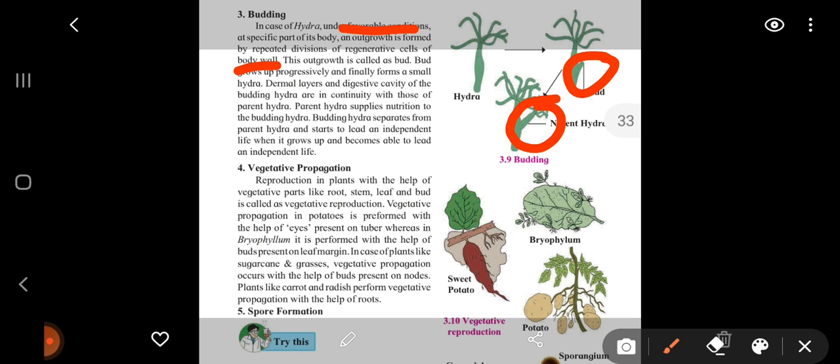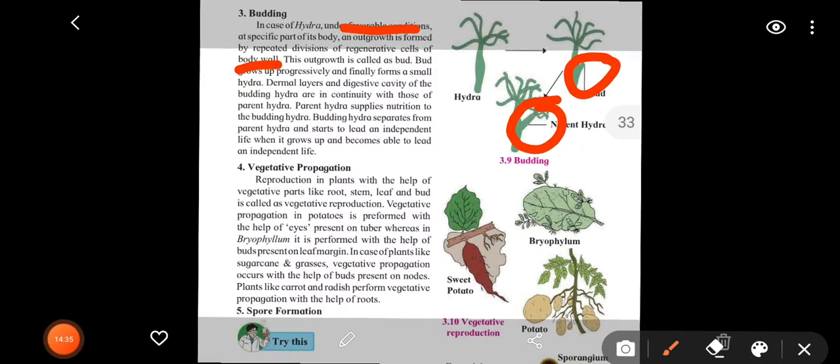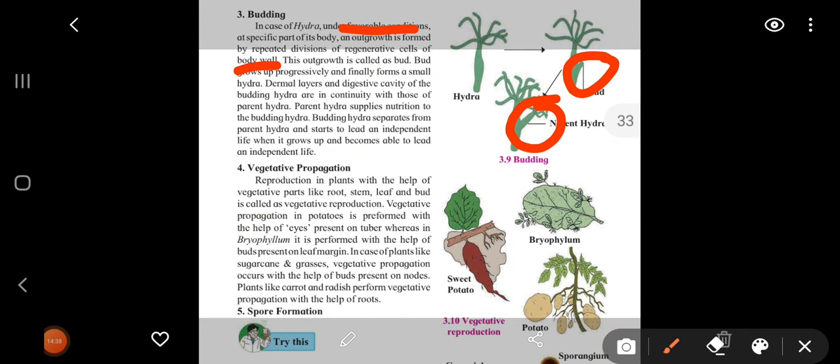A bud is formed. You can see here the dermal layers and digestive cavity of the budding hydra are in continuity with those of the parent hydra. So the many processes are in connection with the parent hydra, and the parent hydra supplies nutrition to the budding hydra. The budding hydra separates from the parent hydra and starts to lead an independent life when it grows up and becomes able to do so.